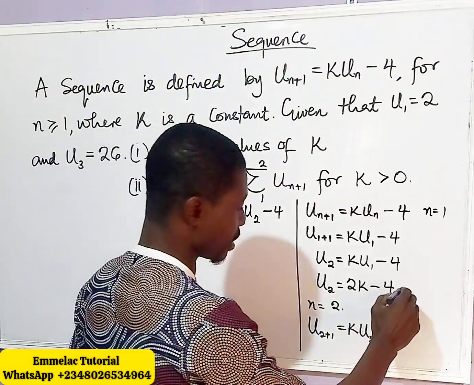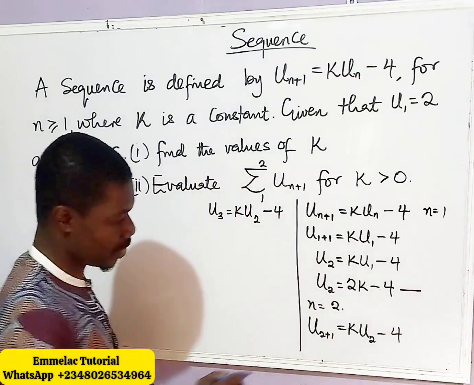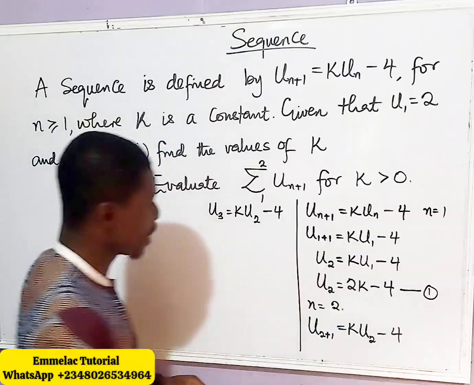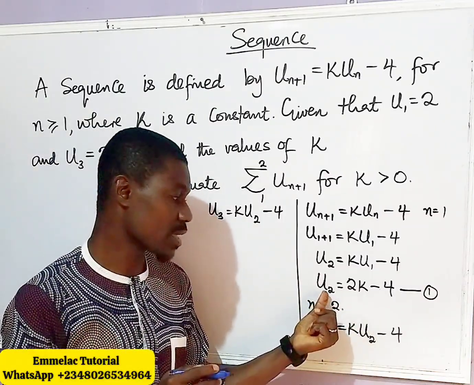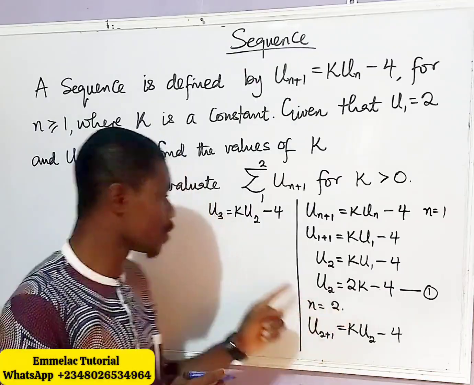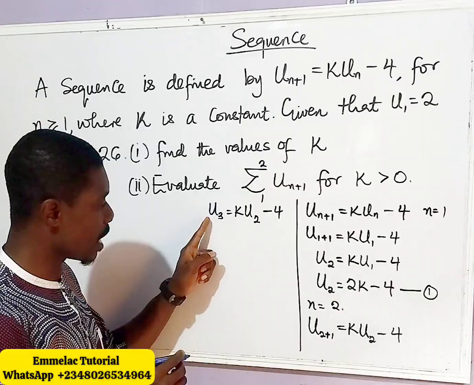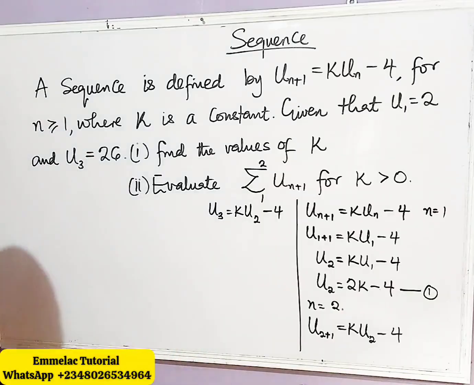Let us make this equation 1. Let's plug in the second term, u sub 2, into this equation, and u sub 3, the third term, as 26.